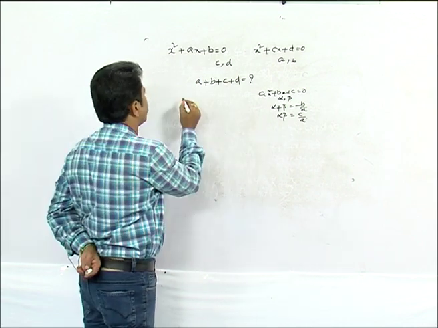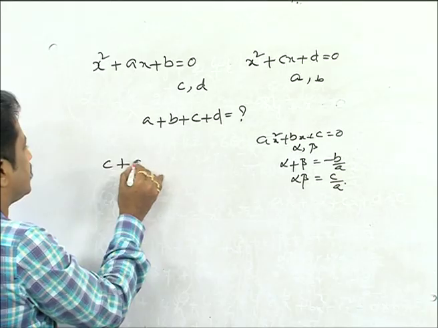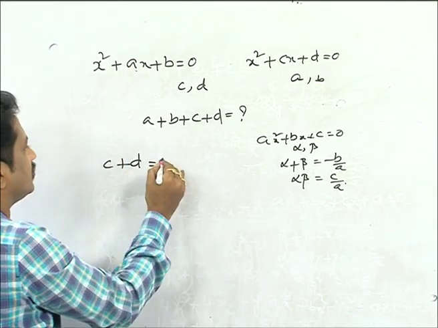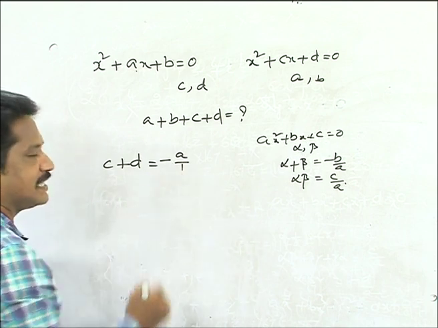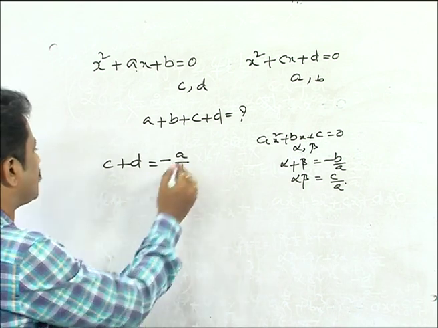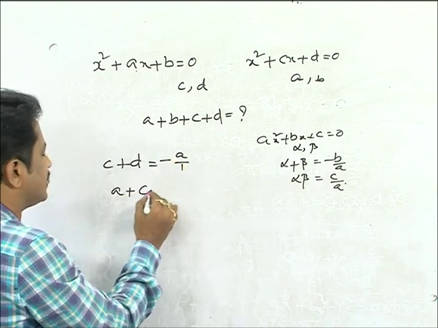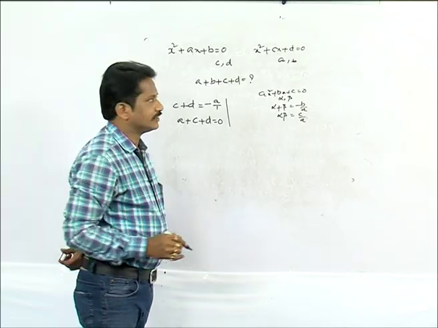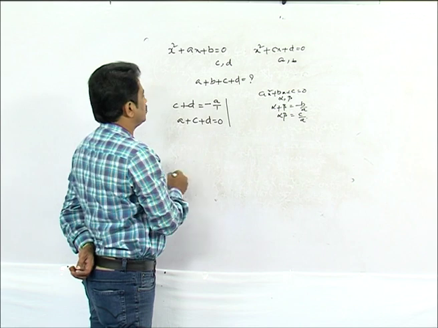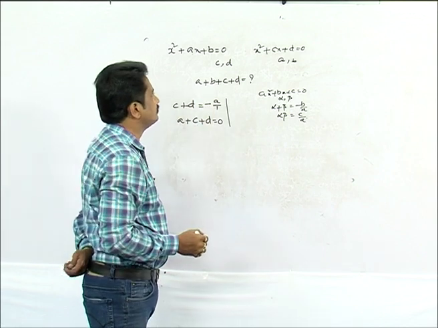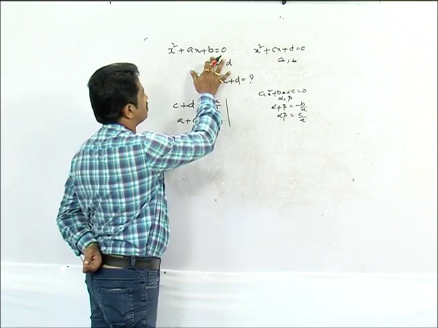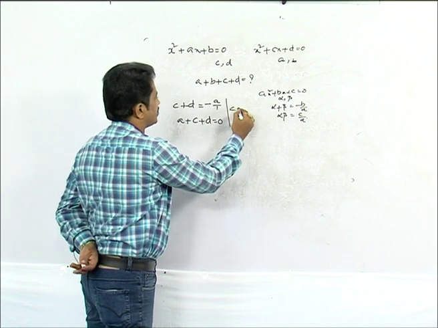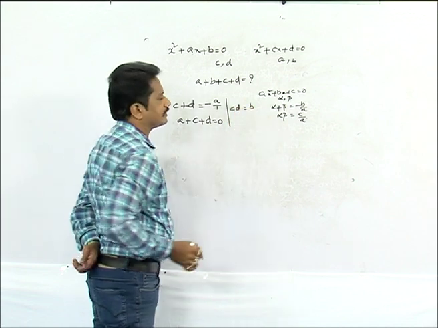Then you can say the sum c plus d is equal to minus a by 1, or you can say a plus c plus d is equal to 0. Now, the second one, the product of the roots is equal to constant by x square coefficient, means c d is equal to b by 1.